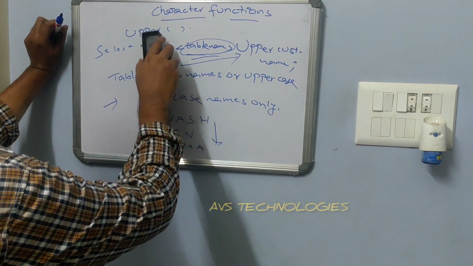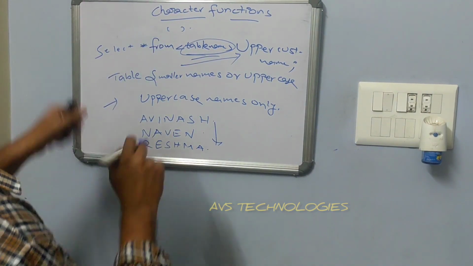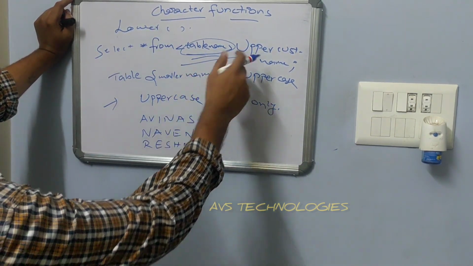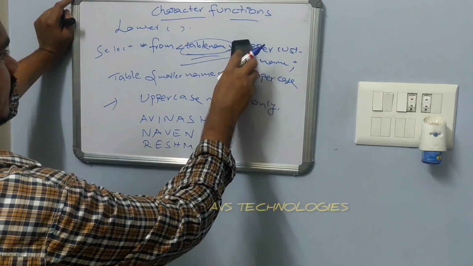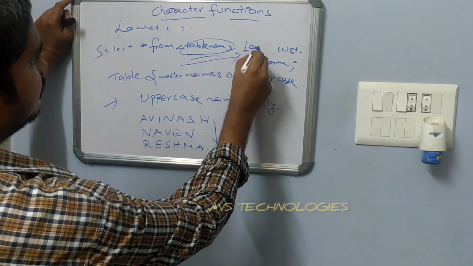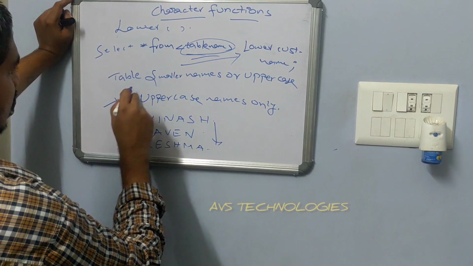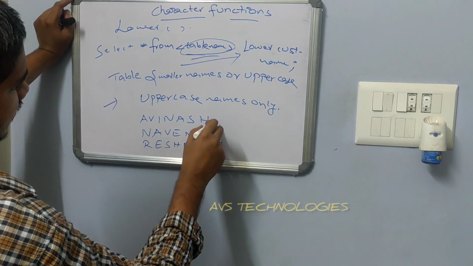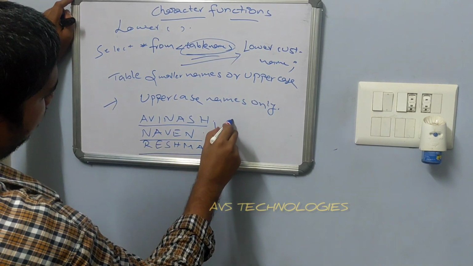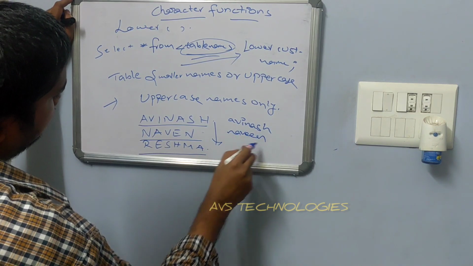The next one is lower. It is the same as the upper character function. Select star from table name, and here we write lower customer name, semicolon. What will it get? It will get only the lowercase letters instead of uppercase names: avinash, naveen, reshma.